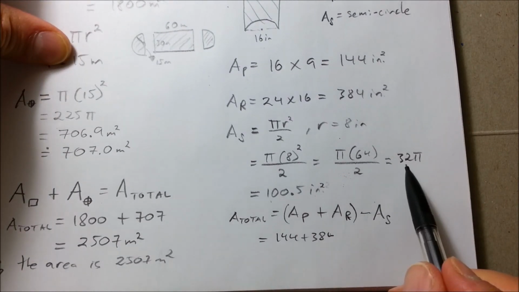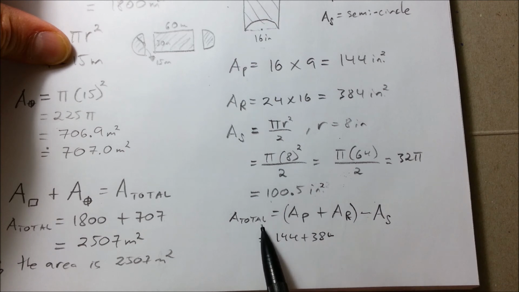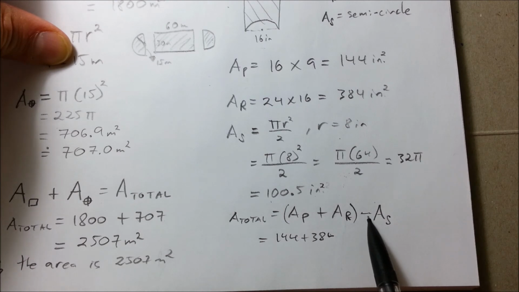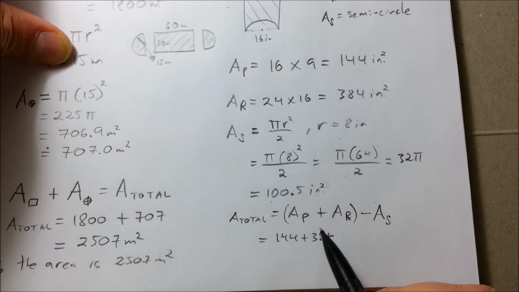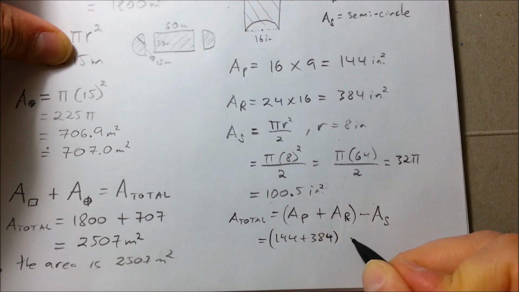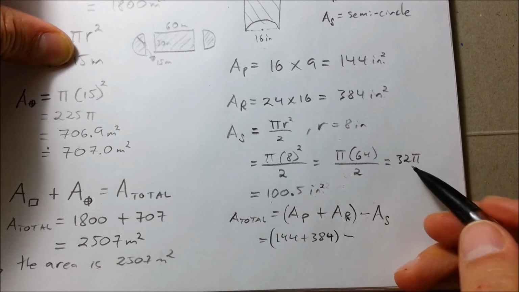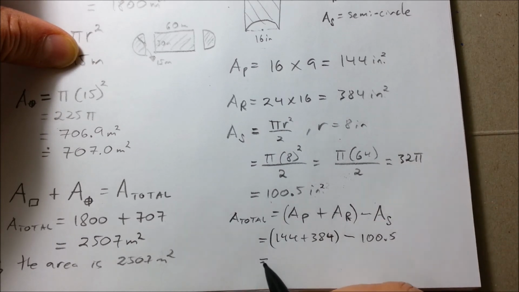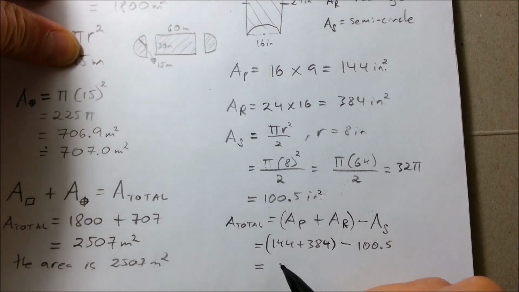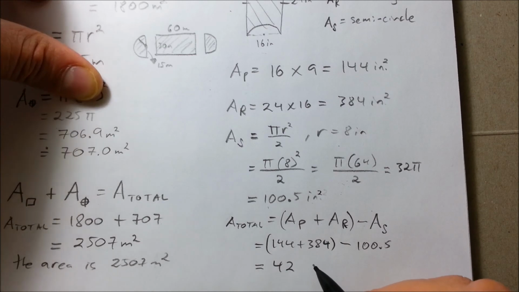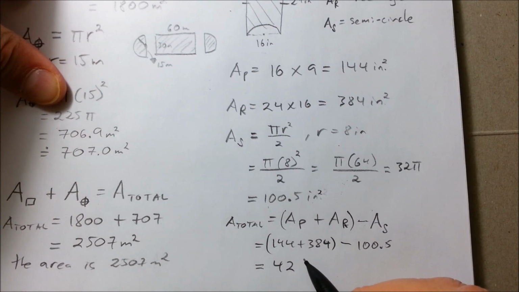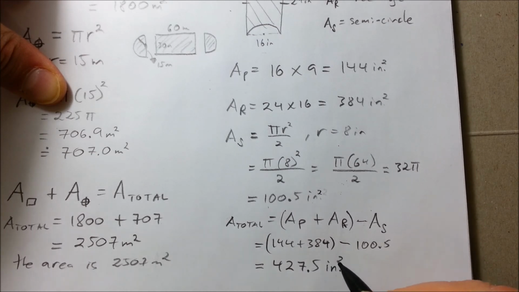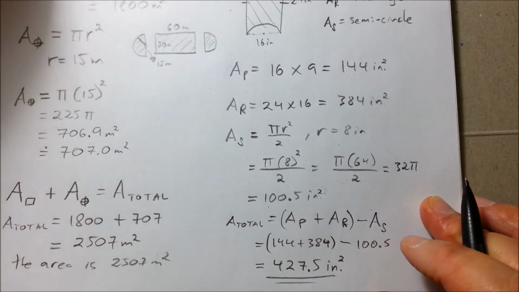So once again, the total area is the area of the parallelogram plus the area of the rectangle minus the area of the semicircle. So 144 plus 384 minus 100.5. You put this in your calculator, and the answer that I'm getting is 427.5 square inches. So that's the total area of this composite shape.